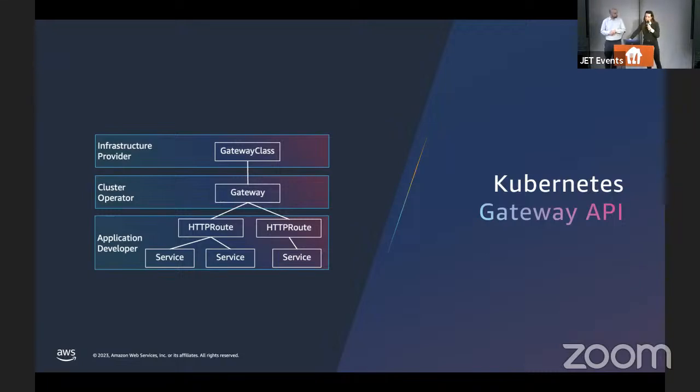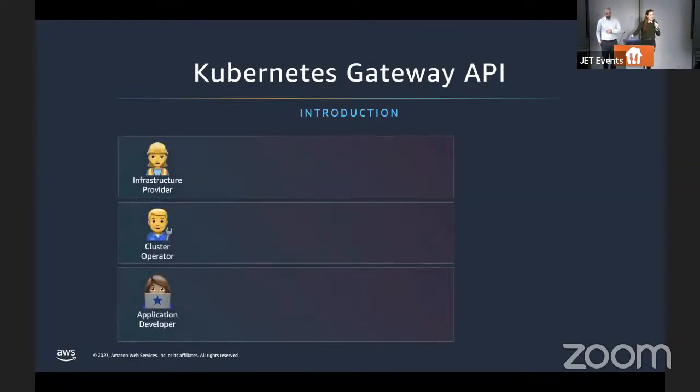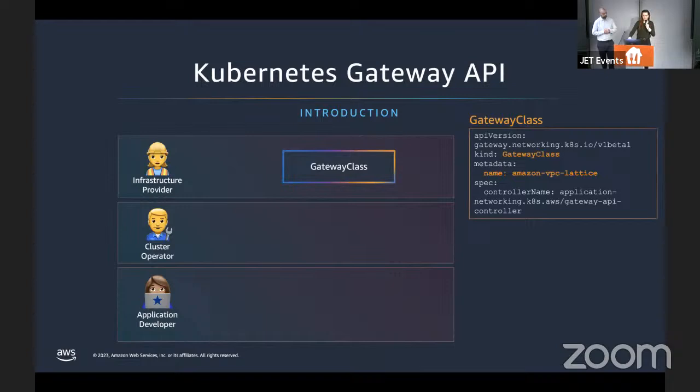And when we are talking about Kubernetes Gateway API, another cool lesson learned from ingresses, implementation, and service meshes is separation of duties. In fact, this API has objects which are directly mapped to organizational roles. First of all, the infrastructure provider will create a gateway class.